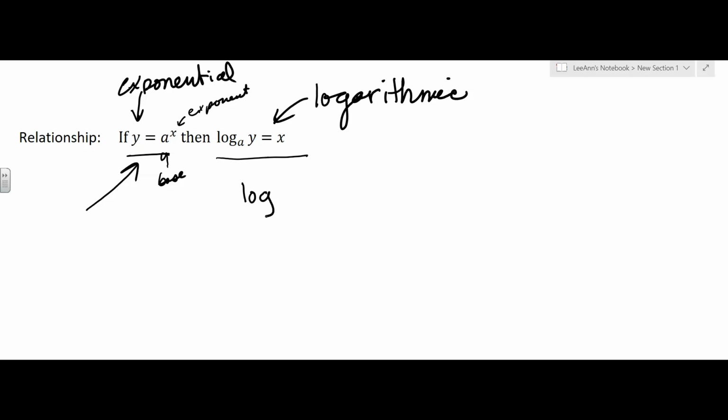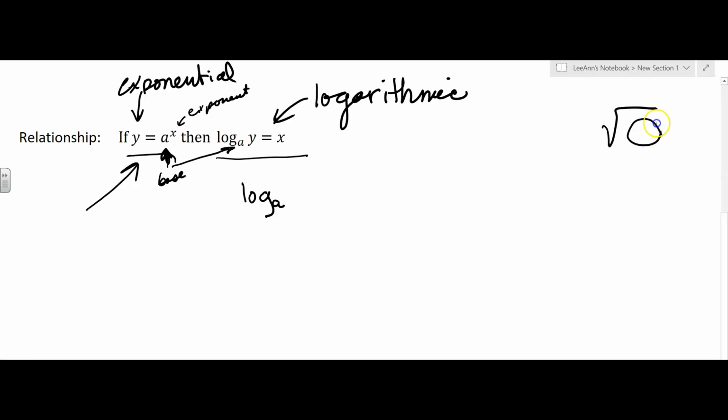The log has to have a base. It's a subscript, and in this case the base is a. Notice that the base here is a on the exponential, and then over here it's also base a, okay? So log base a. And then you have to take the logarithm of something. It's like you couldn't put a square root symbol and just have that mean anything.